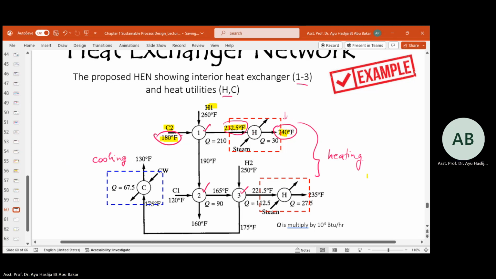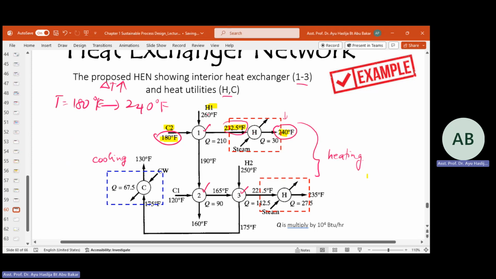Instead, you could use one sole heat exchanger heating from 180 to 240, sorry, Fahrenheit. You need one heat exchanger where the delta T is high.